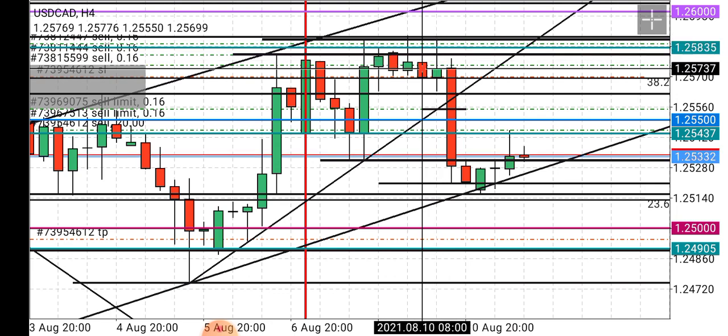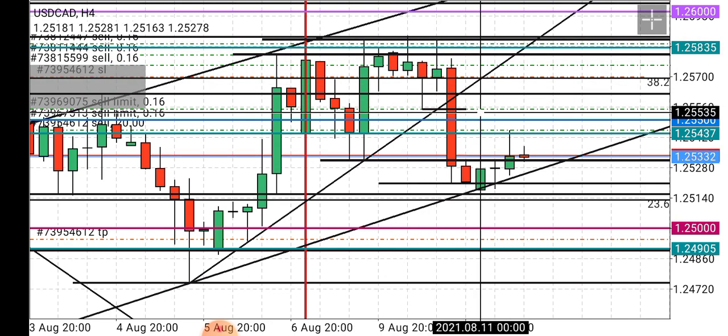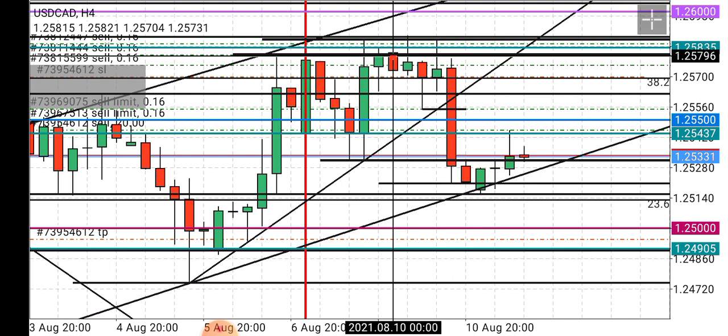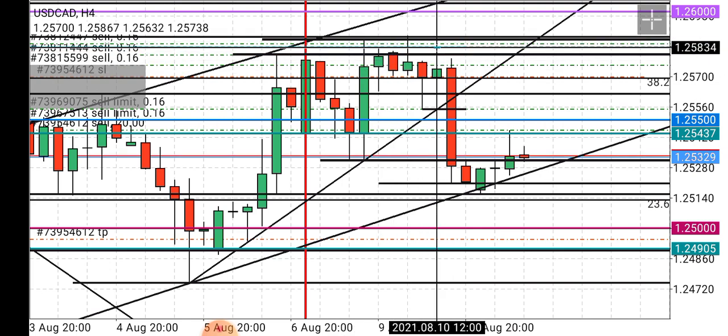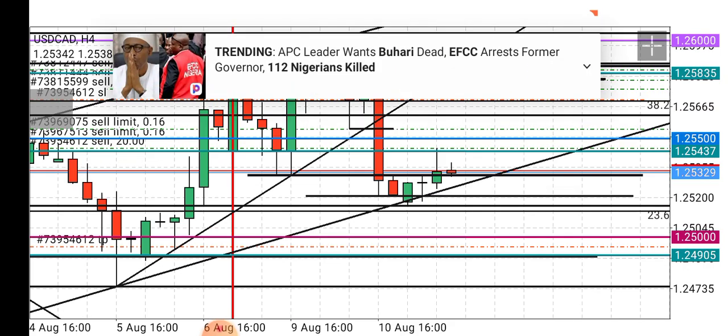And I set sell limit orders yesterday, which was Tuesday. Price filled me in. I believe it's on this very particular candle print on the 4-hour chart that price filled me in.